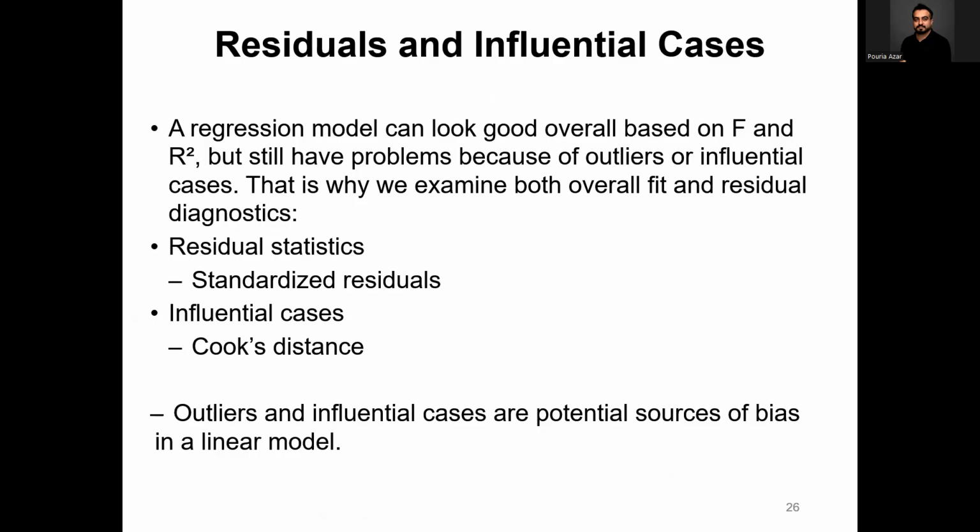So let's say, based on the F statistic and R squared, our regression model looks good overall. But we have some problems because of outliers or influential cases in our data set. We need to diagnose outliers and influential cases, and there are different ways to do that.